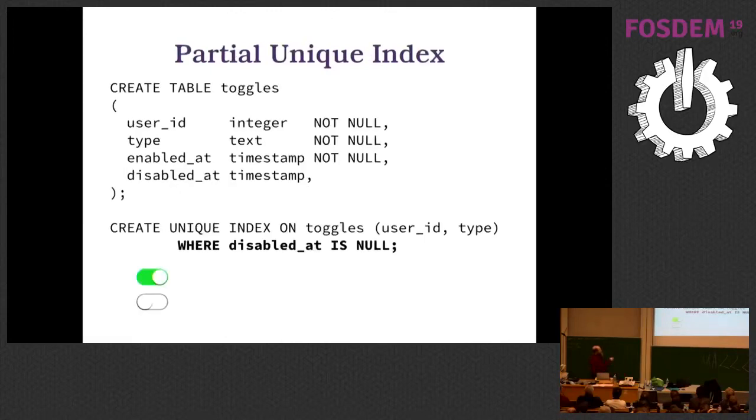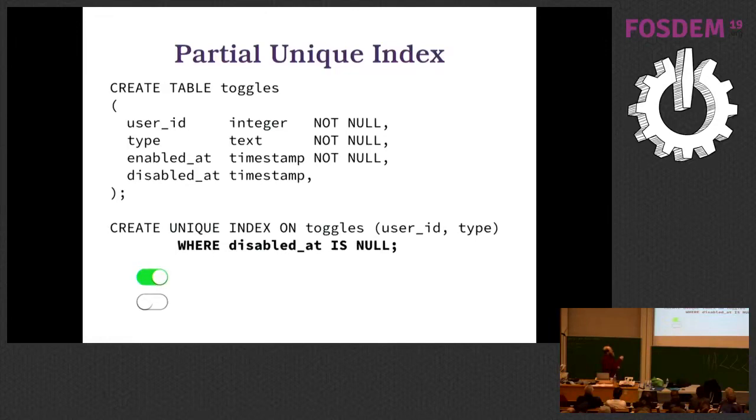This one is okay. It's a partial unique index example that I just copy-pasted from an example on Stack Overflow or something. It's implementing toggles for a UI for the users, and they can toggle it on and off. So they can enable it or disable it. And when it's disabled, you want to remember they did use it before and then they disabled it.